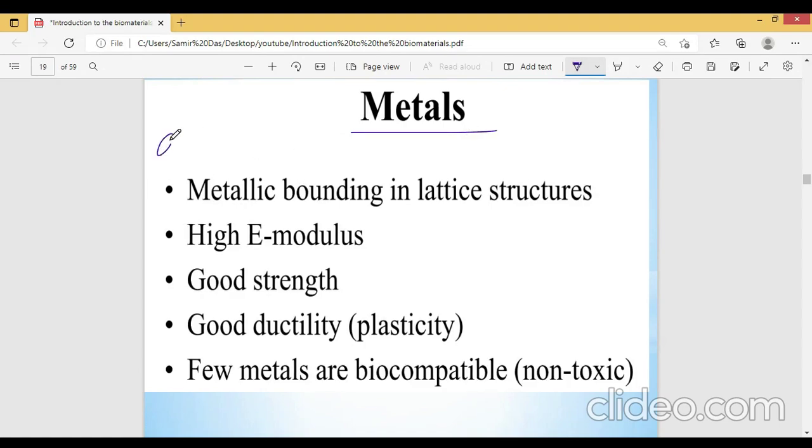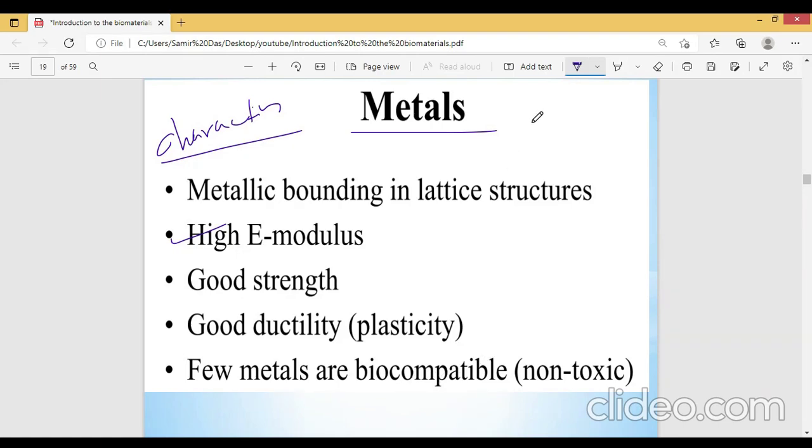So, what are the characteristics of metallic biomaterial? They have high Young's modulus as well as good strength and good ductility, and they are biocompatible with the biological body.